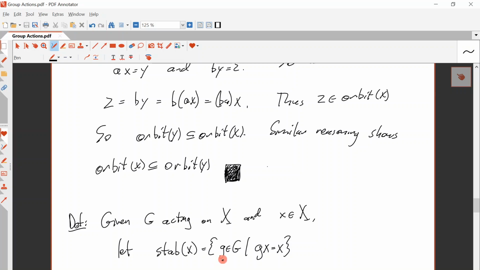So that's called the stabilizer of the element x. And this is a subset of, well, it's going to be a subgroup. It's a subgroup of G, different than the orbit.